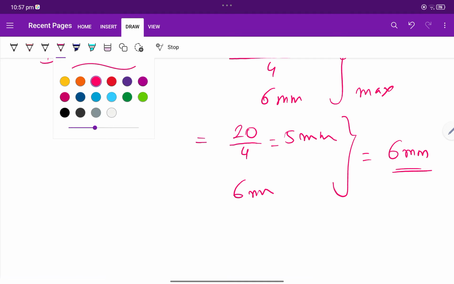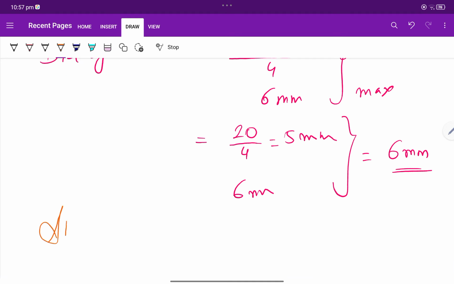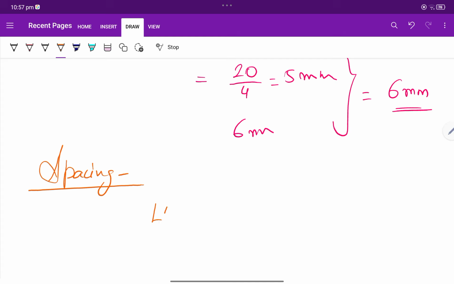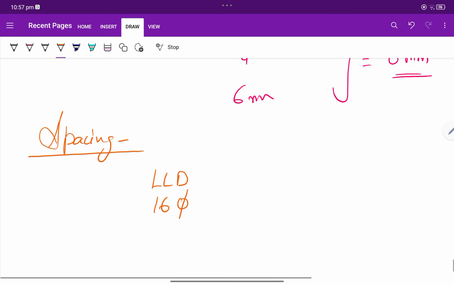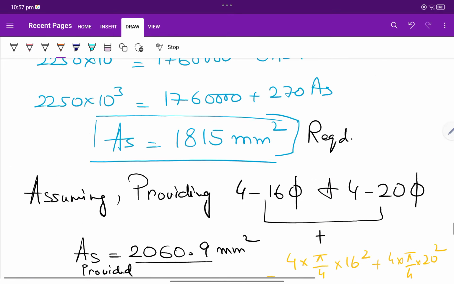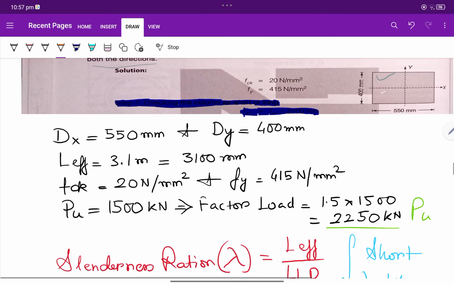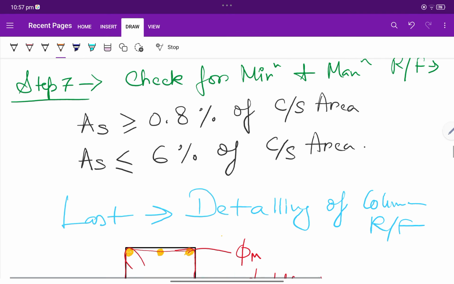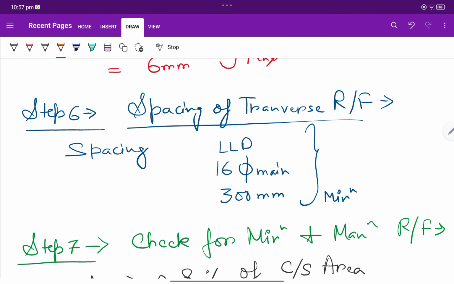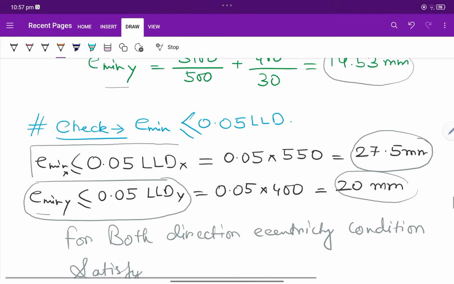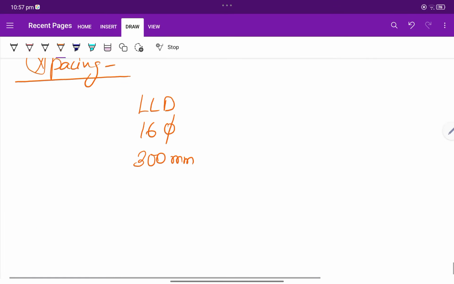Now we have to calculate the spacing. According to IS 456, the spacing will be the least lateral dimension, or 16 times the dia of main bar, or 300 mm, whichever is least. Here our main dia is 20.